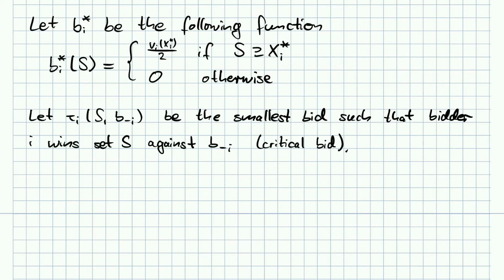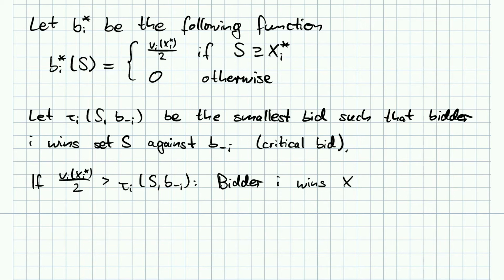And then we can now say, okay, if my value divided by 2 is more than this critical bid, then bidder i wins xi star in bi star comma b minus i.